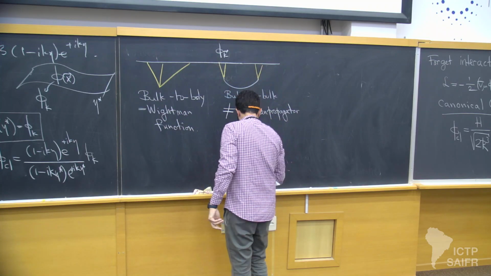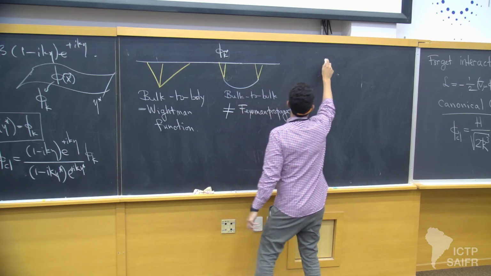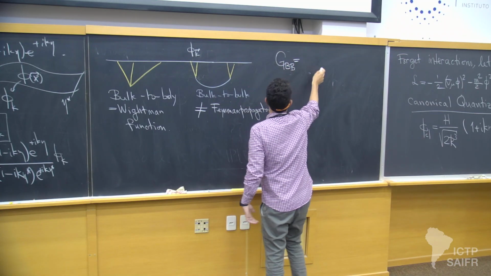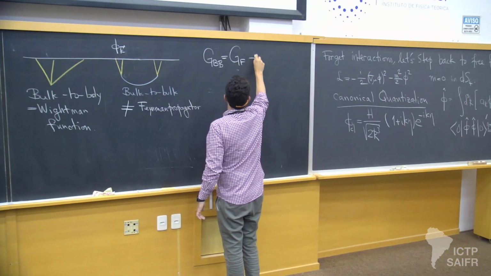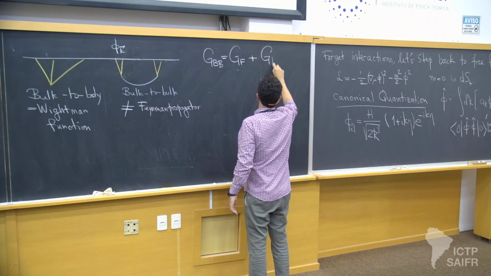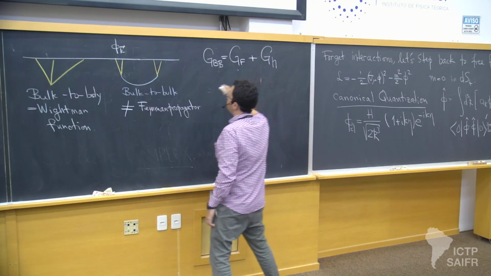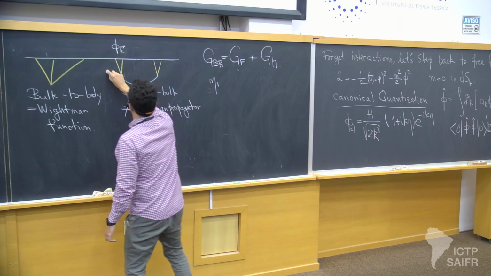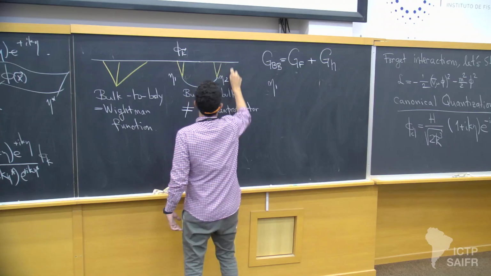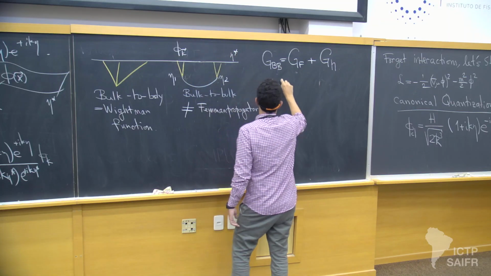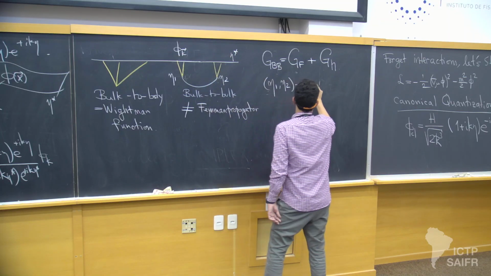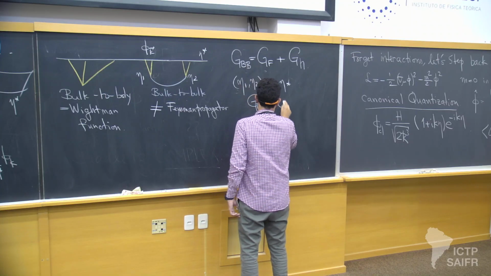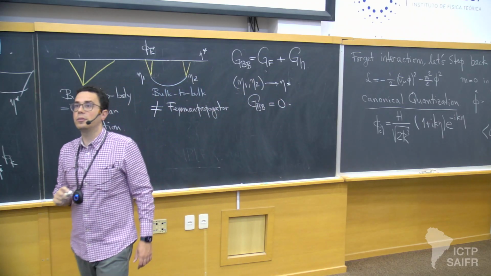So this guy has an additional piece: bulk-to-bulk is like Feynman plus some homogeneous piece, and the homogeneous piece enforces that, let me call these eta 1, eta 2, and this is eta star, as either eta 1 or eta 2 goes to eta star, the propagator vanishes. Okay, so that's the boundary condition.